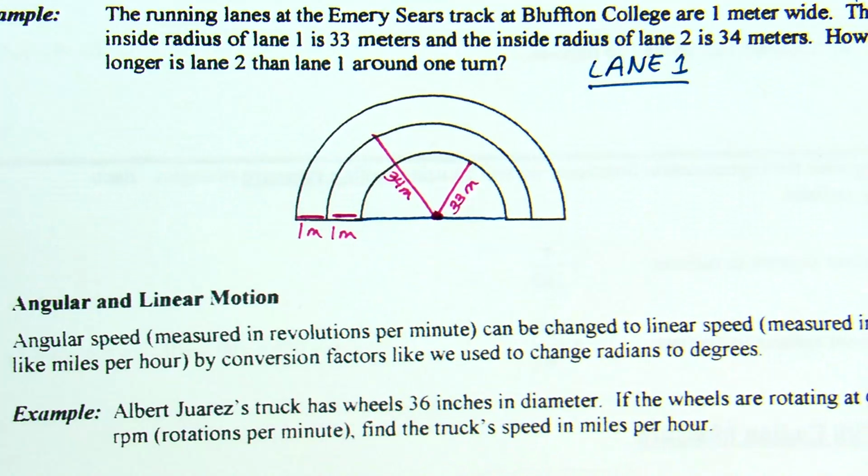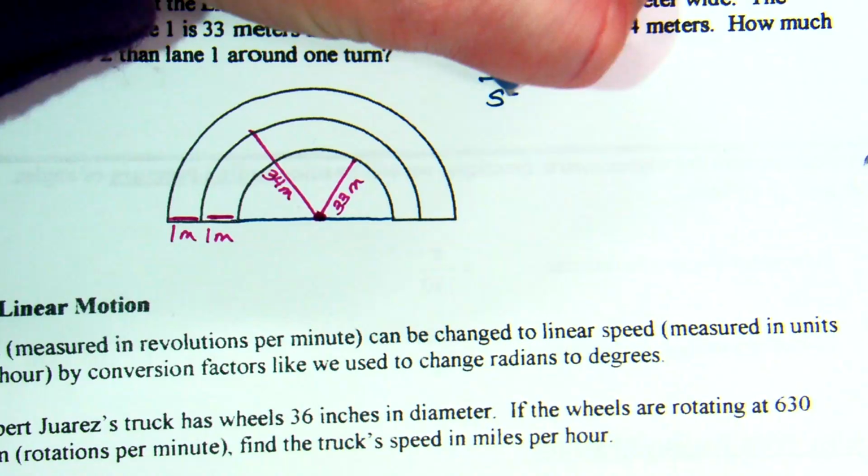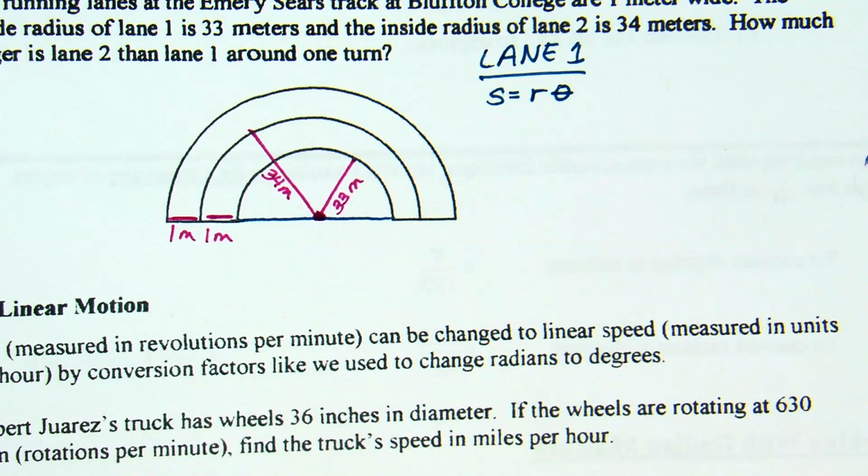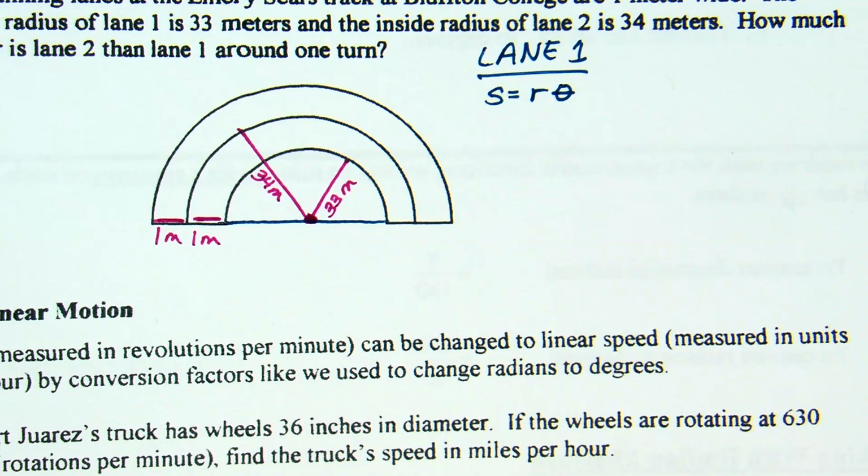Let's talk lane 1. What is that arc length formula? S equals R theta. Theta, like TH? Theta. Okay.